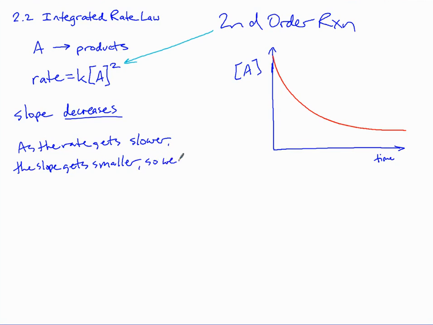So we get a curve. Again, curves are not really useful in chemistry, and so this graph is really not going to tell us anything. Curves tell us nothing. So again, unlike the zero order reaction, concentration versus time is not very useful because it's not a straight line. It's not a straight line, so it's not useful for analysis.